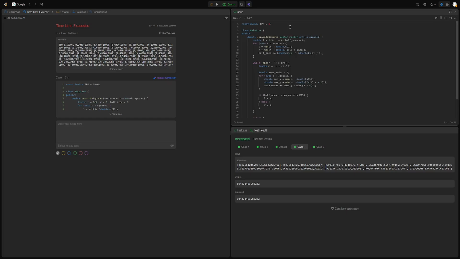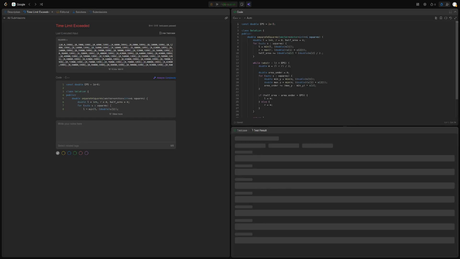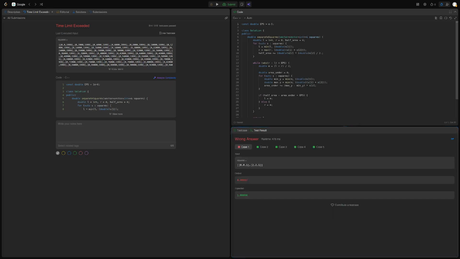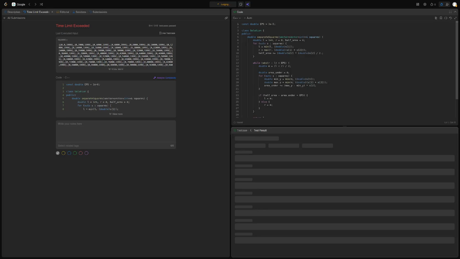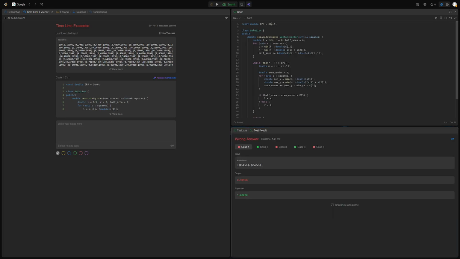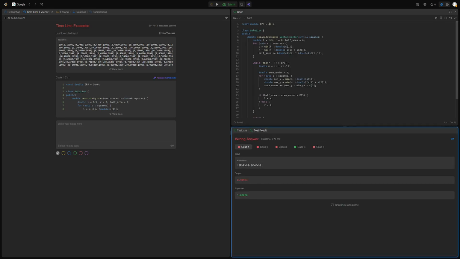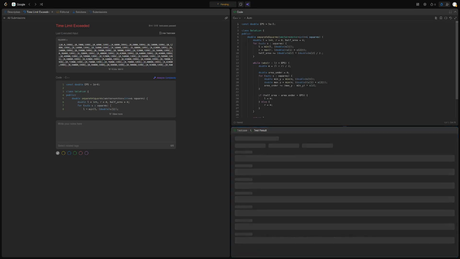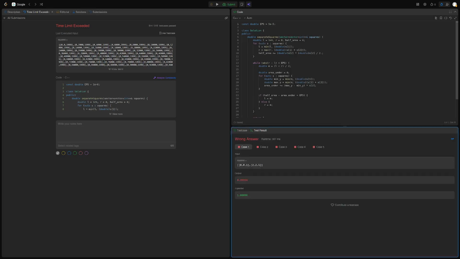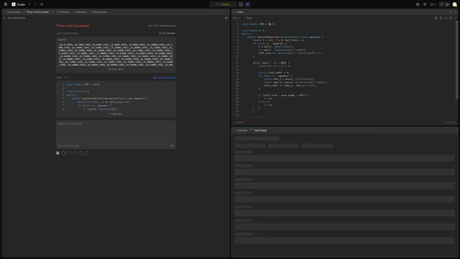And let's adjust this. So 1, 2e minus 5, 3e minus 5, 4e minus 5. That's so random. 5e minus 5, 6e minus 5.